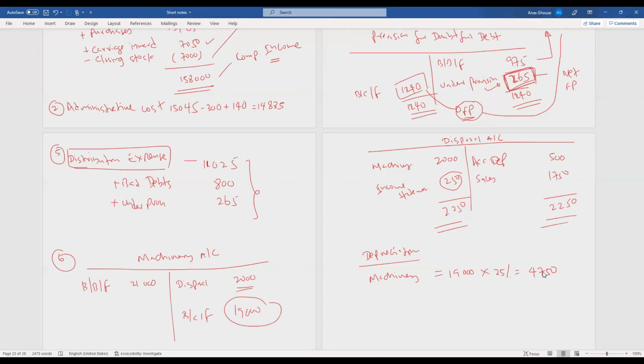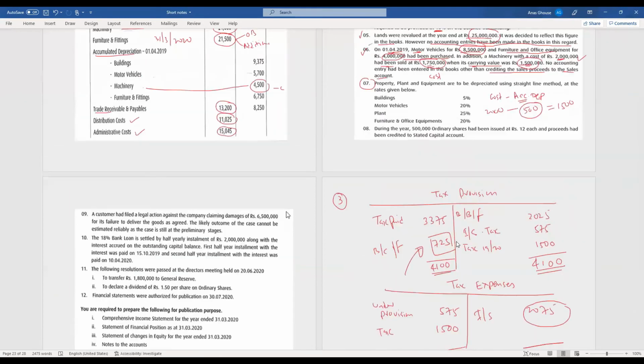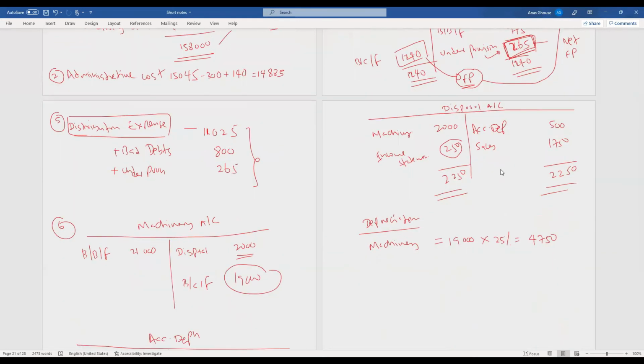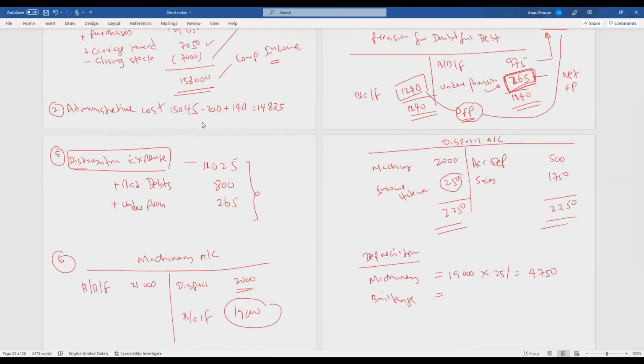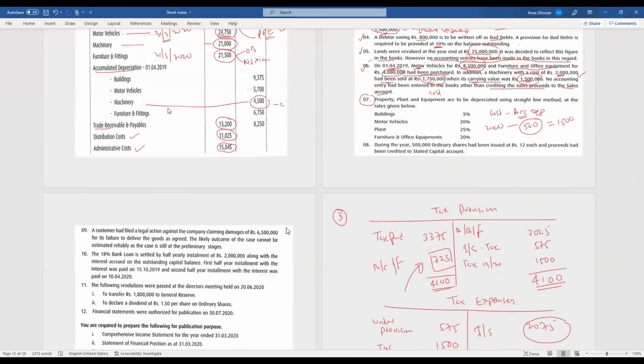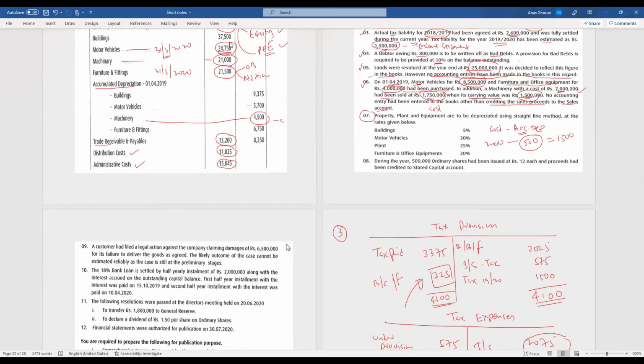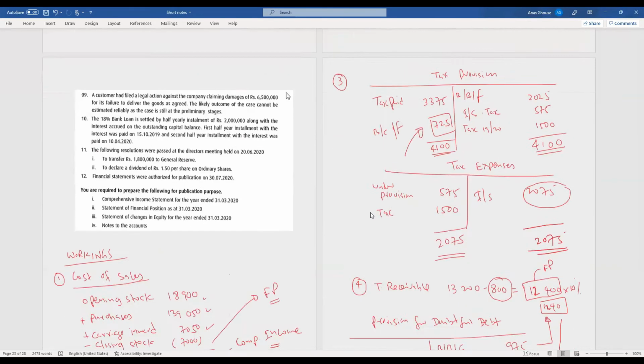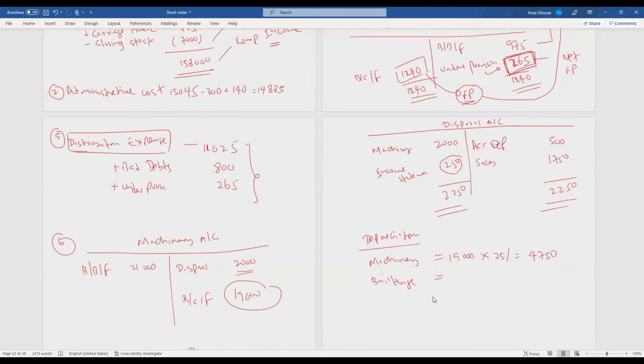The next one is the buildings. Building cost is 37,500,000, 5% depreciation. So that will be 1,875,000.